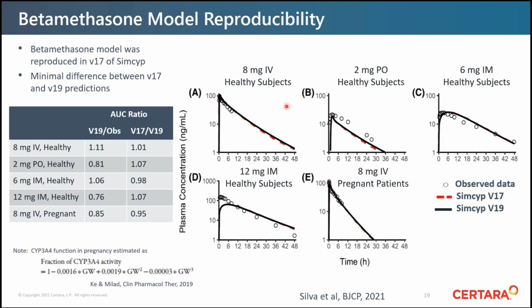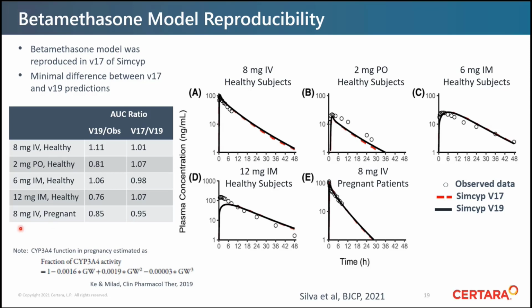So you can see for the data that was presented in the previous study by Key and Milad, we were able to pretty much recapitulate the concentration time profiles that they provided in the healthy volunteers for IV, oral, intramuscular dosing, and in pregnant women or pregnant patients for an IV dose.